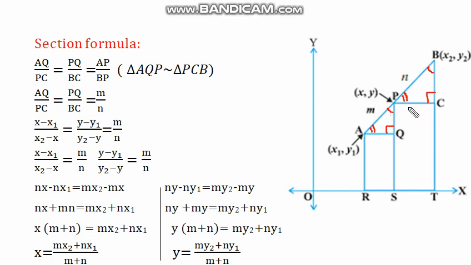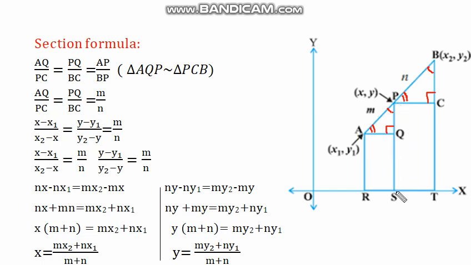Next we need to find out PQ. We know that actually this is a vertical line. So the y coordinate of P is y. The y coordinate of Q is y1, because the y1 is the distance from the x-axis.